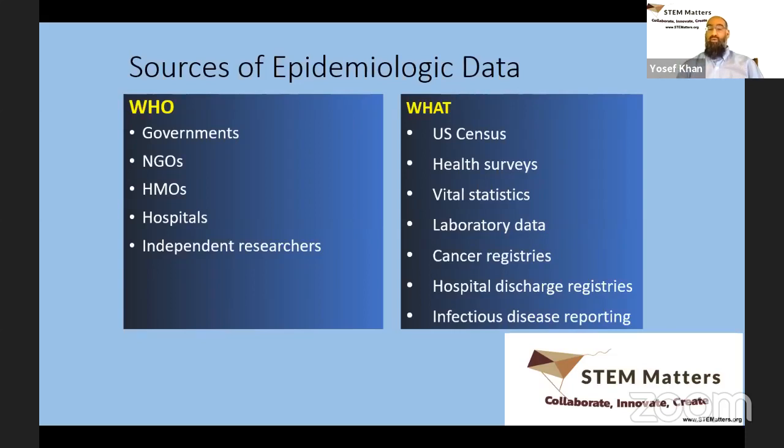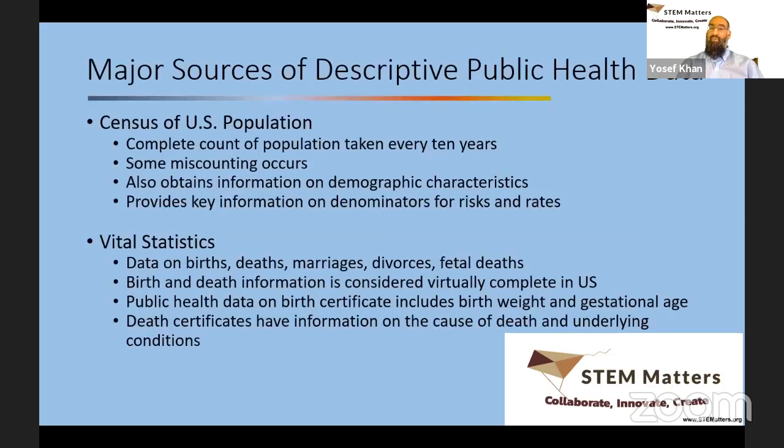Those researchers could be at academic centers, at universities, who are going out and either collecting data on their own or again partnering with some of the above entities that I've mentioned. What are they collecting? They're collecting all sorts of data. The government may be collecting census data, vital statistics, lab data, again, hospital discharge data, etc.